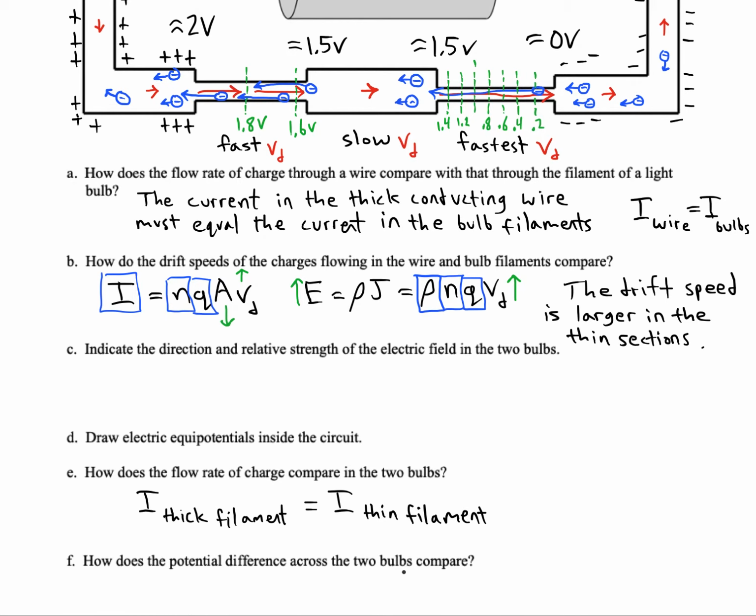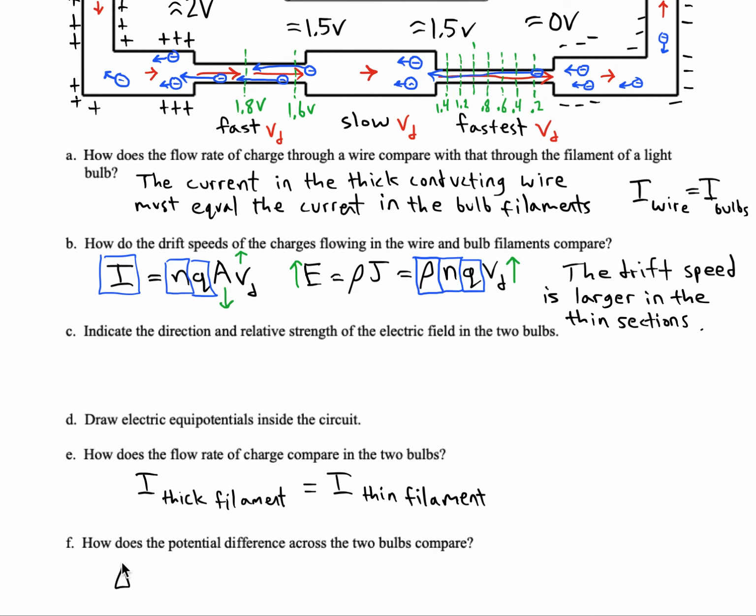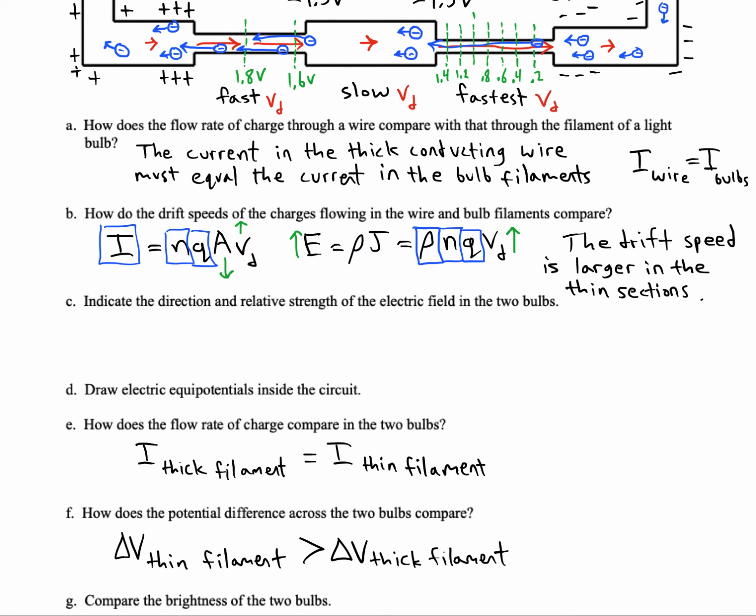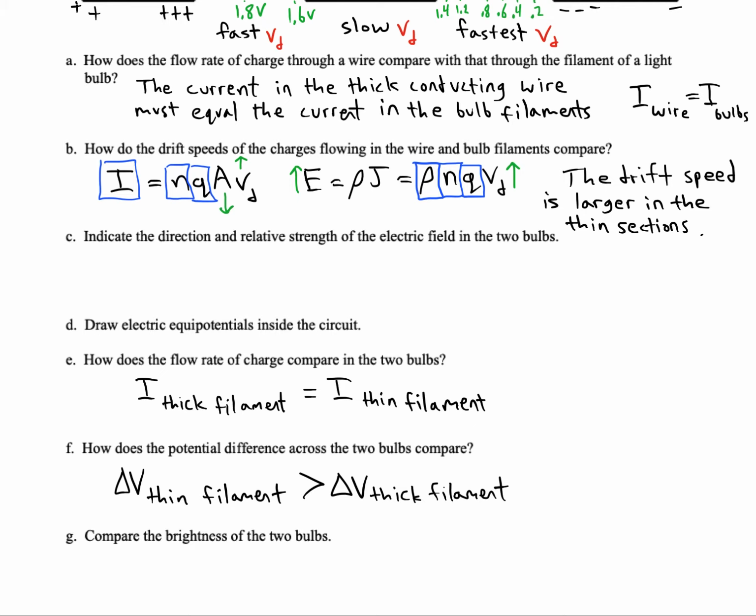How does the potential difference across the bulbs compare? Well, the delta V of the thin filament is greater than the delta V of the thick filament. Can we compare the brightness of the two bulbs?